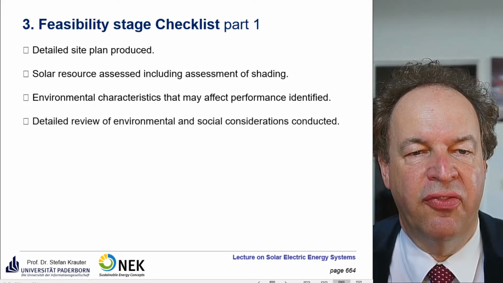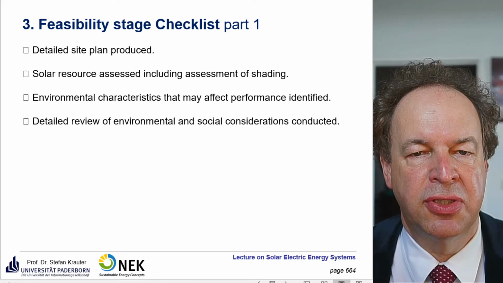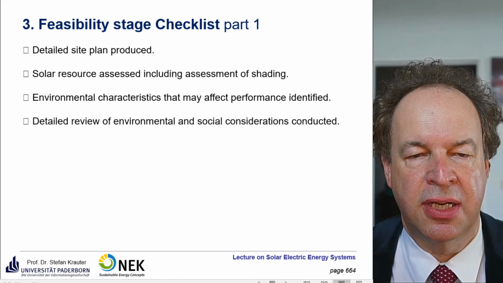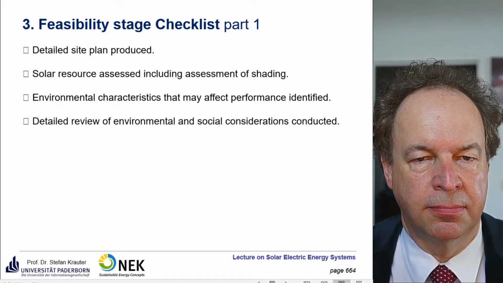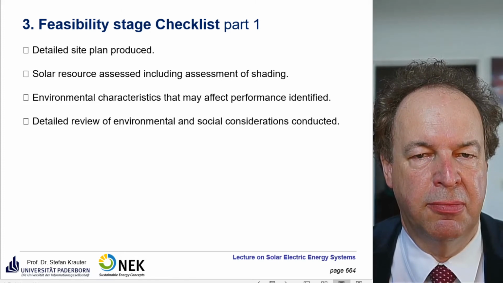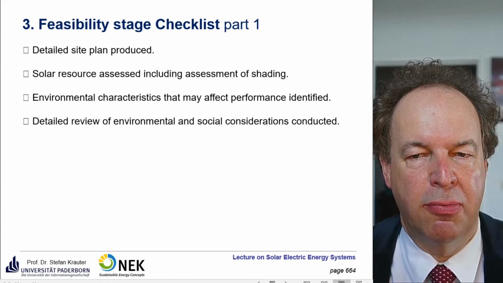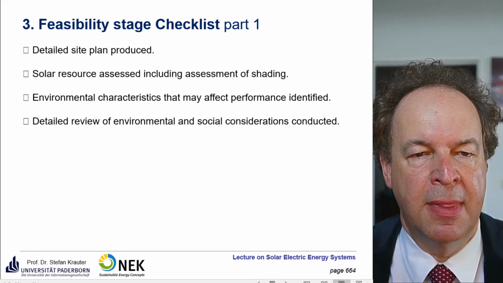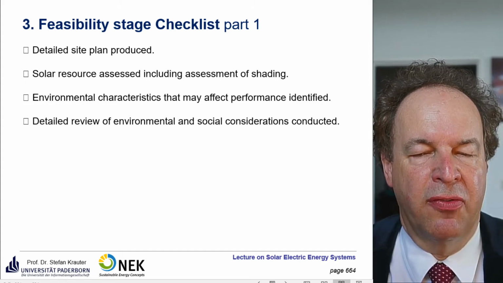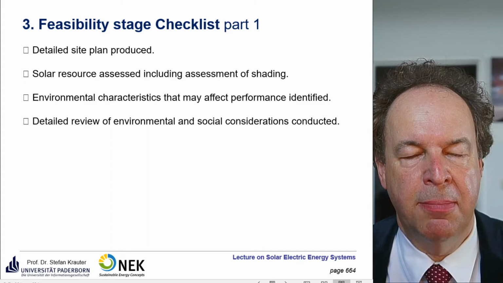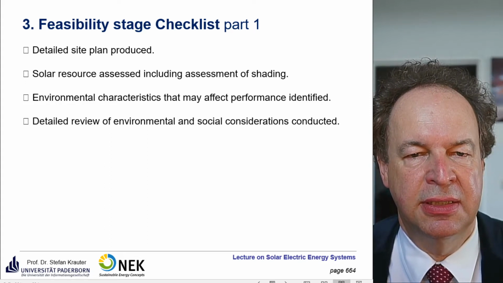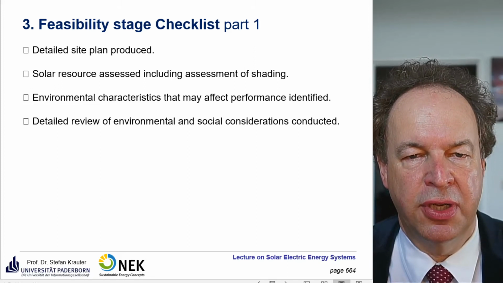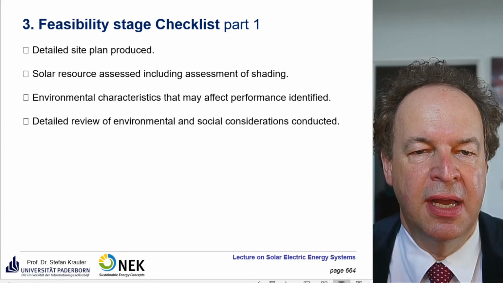A detailed review of environmental and social considerations is conducted. So what is the impact on the environment of such a power plant? Usually that's less critical than, for example, at wind power plants. And for social considerations, for example, if you have a solar pumping system and there's already a pumping system installed, the original operator is without work and will be against your project, and so on.